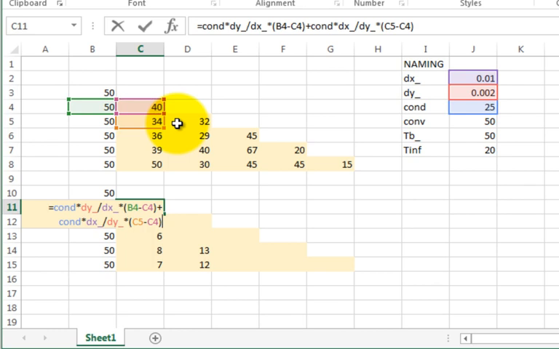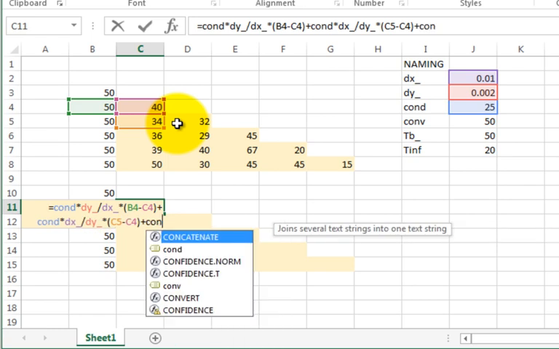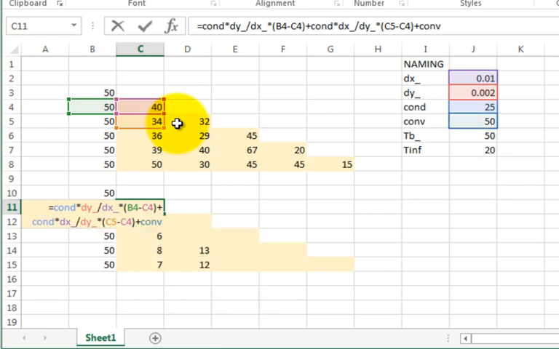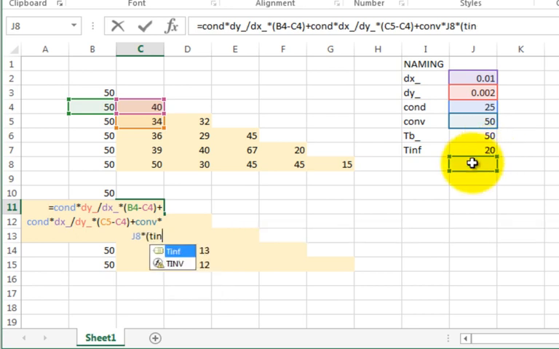And now I need the dl, thank you. But I'm going to put convection coefficient times my dl. I'll put it in there later. Times the dz is 1, so then it'll be a T infinity. I can put TINF minus that right there, close parenthesis, and then hit return.